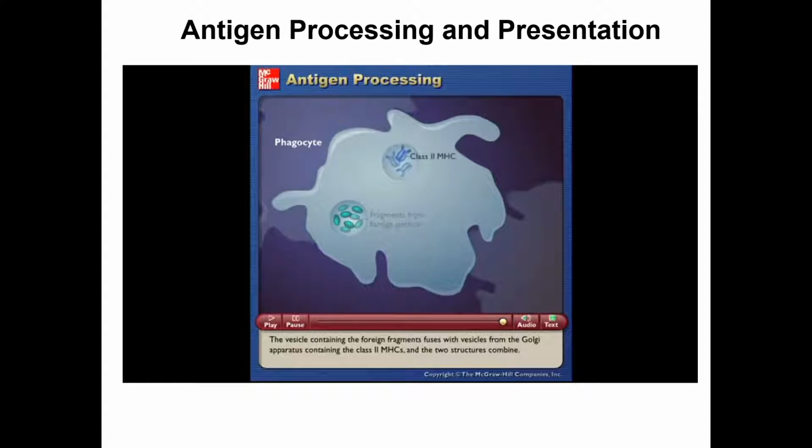The vesicle containing the foreign fragments fuses with vesicles from the Golgi apparatus containing the class 2 MHCs, and the two structures combine. The MHC class 2 antigen complex is transported to the plasma membrane. The displayed MHC class 2 antigen complex can stimulate other immune system cells to respond to the antigen.